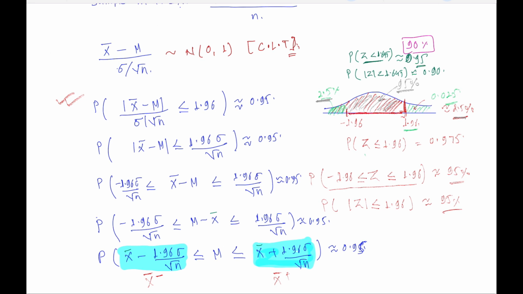Like here we have calculated the value 1.96 using the standard normal distribution. We cannot make use of this 1.96. Instead we have to use the t distribution, which is the corrected version that accounts for this extra variability, right?